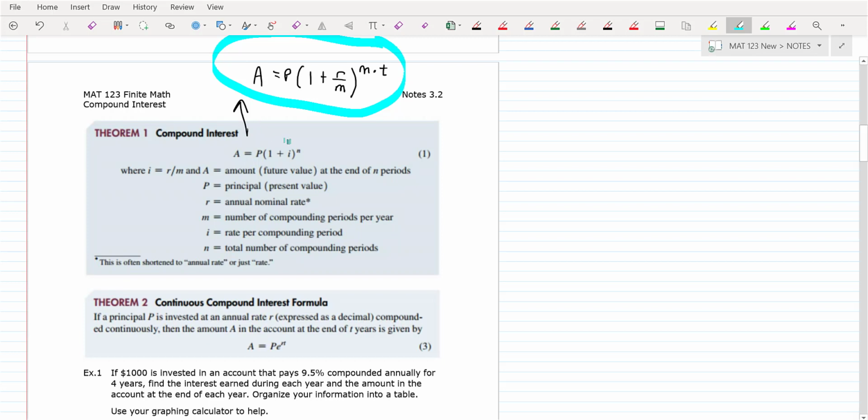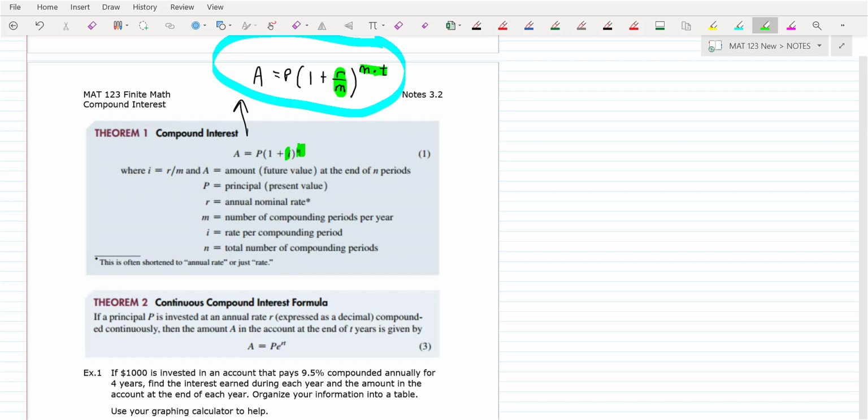The textbook is going to condense this a little bit, and instead of putting R over M, they're just going to put I, and instead of putting MT, they're going to put N. You can still use the formula that I went through last week. That's what I would do, because to me it's a little bit more clear.